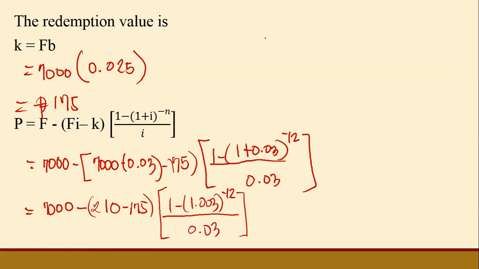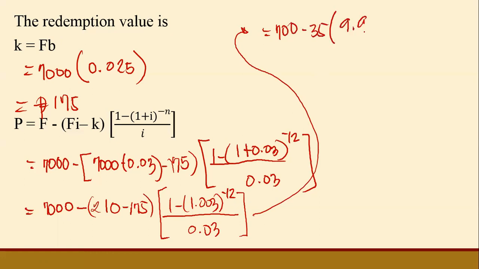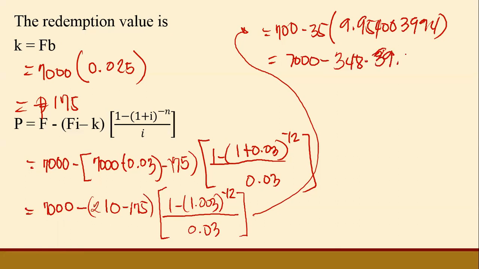Okay. So, tuloy na lang natin dito yung 7,000 minus 35 times 9.954003994. So next is 7,000 minus yung product nito, which is 348.39013994.